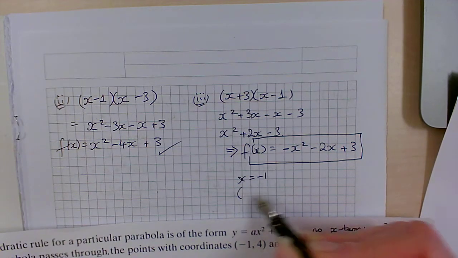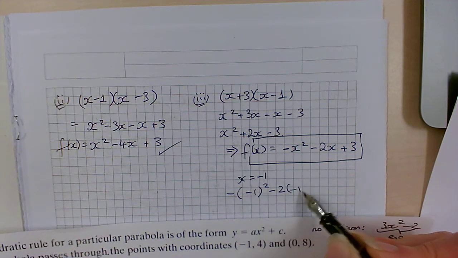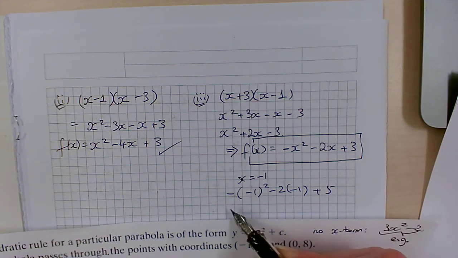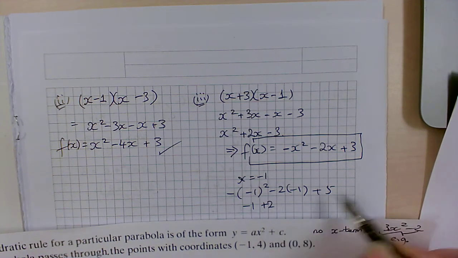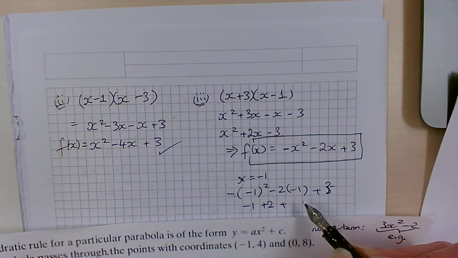And we get minus (-1) squared minus 2 by minus 1 plus 3. That gives us minus 1 plus 2 plus 3. Why isn't that working out?